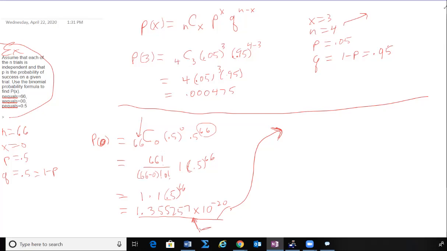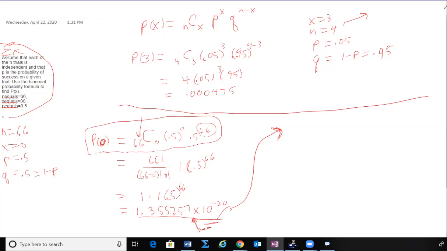So anyhow, again, I said this could be thought of as flipping a coin and looking at how many times you would get heads. So 66 trials, no heads at all. This is your probability. So when you look at it like that, it does have a context.